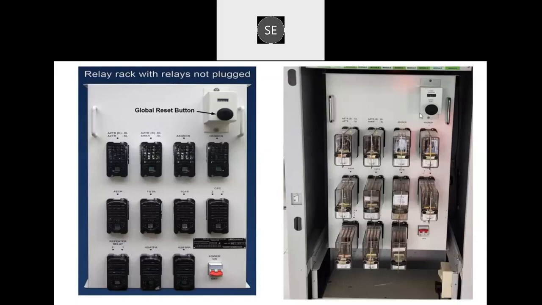We have to apply the global reset to bring the system into function, and accordingly the counter in the reset button gets incremented. There is also a power-on switch, that is an MCB, provided here for turning the system on and off.